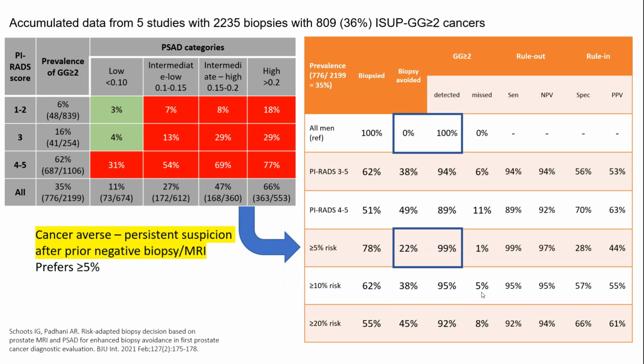If you were to apply a lower threshold, remember these are cancer-averse patients, such as persistent suspicion after a prior negative biopsy or a prior negative MRI, then you would biopsy all of these patients in red, and if you did that, you would avoid 22% of biopsies, but you would detect 99% of the cancers that are there.